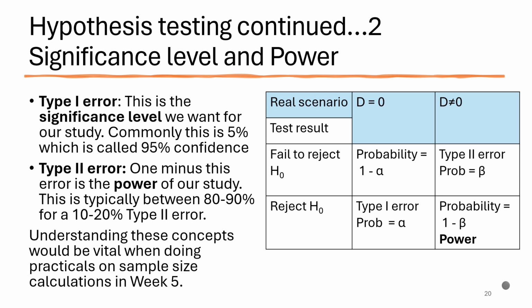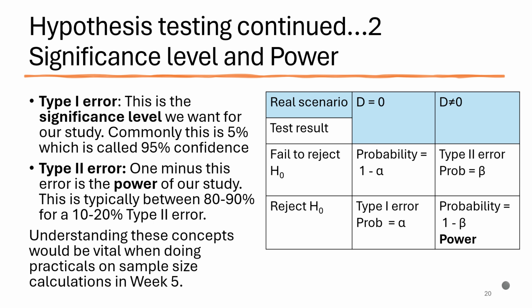So to better understand these kinds of errors and how they are related to statistical power, type 1 error is the significance level. So, when you're creating a sample or you're doing a sample size calculation, they usually ask you for a significance level. It's usually 5%.